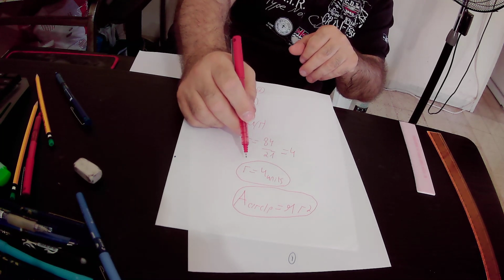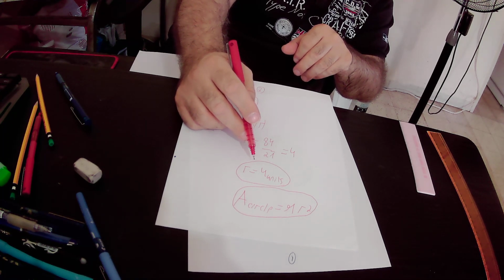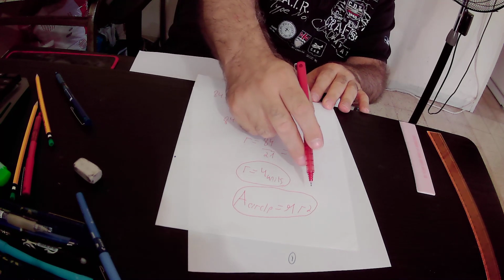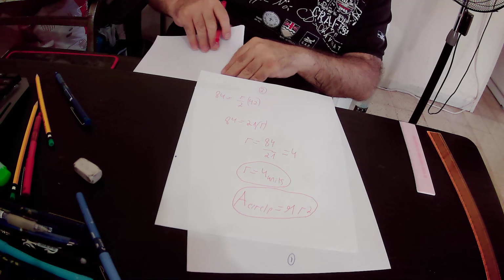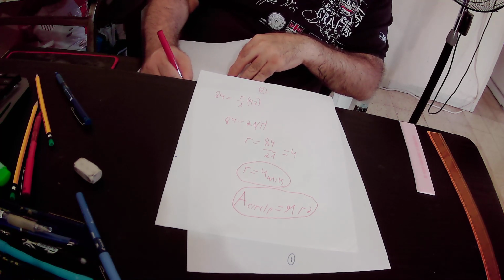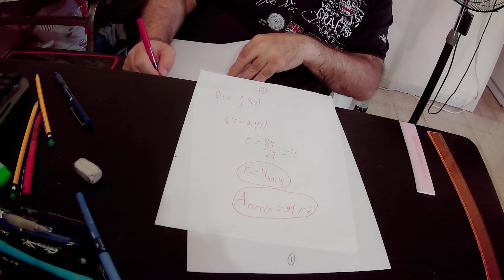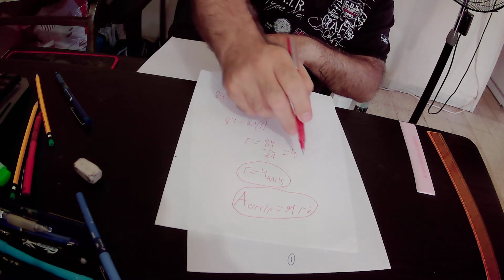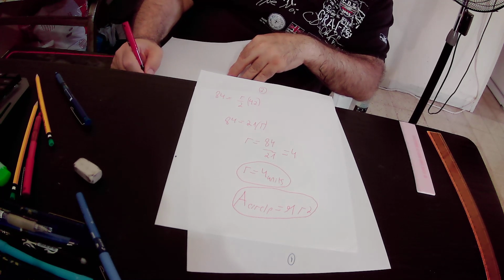We have already found out that the radius of the green circle equals 4 units, so we can substitute r by 4, and we will get that the area of the green circle will be equal to pi times, instead of r we will write 4, because r equals 4, squared.